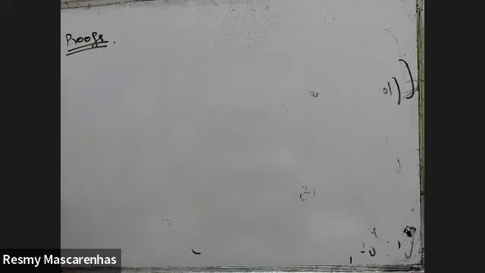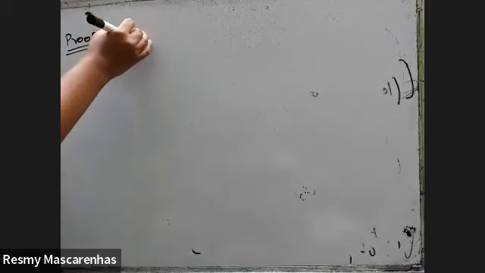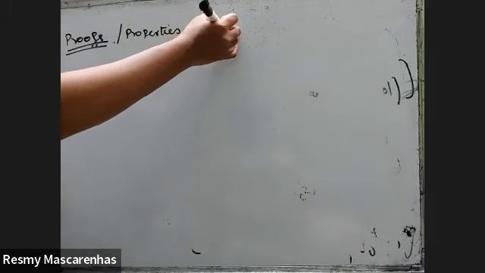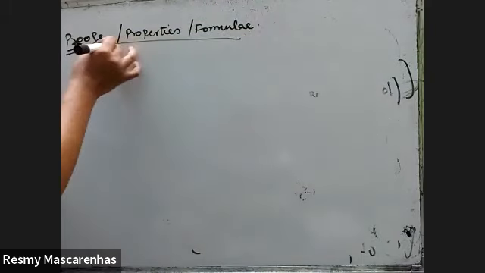Just give me a minute, I'll get that list of proofs. So this is the list of the proofs. Again, you have to remember them as properties also. That's like formula type. You have to remember them like formulas also.